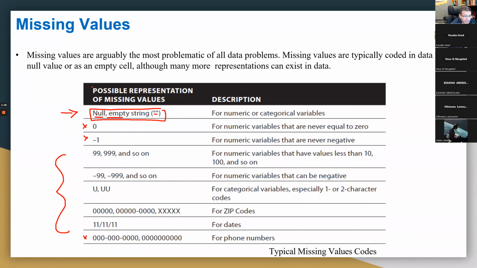دابا السؤال كيفاش غادي نلقاو missing values that are not null? What do we need to do? EDA. Yes, EDA. Again, it is EDA.